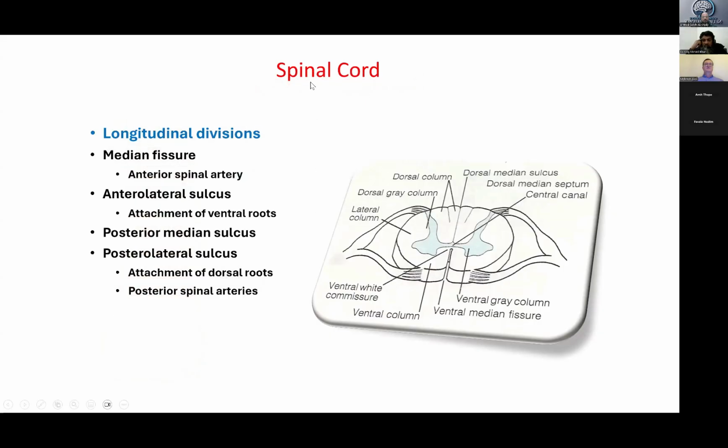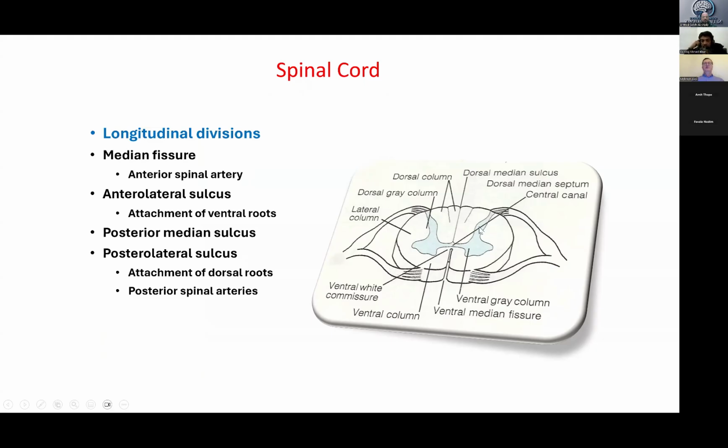If you look at the spinal cord, there are longitudinal divisions like the median fissure, which includes the anterior spinal artery, and the anterolateral sulcus, where the ventral roots enter the spinal cord.